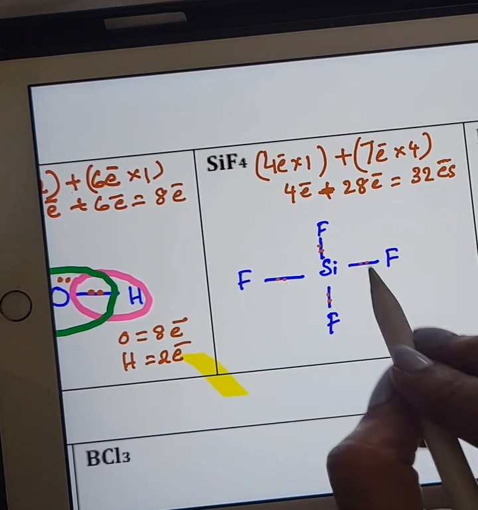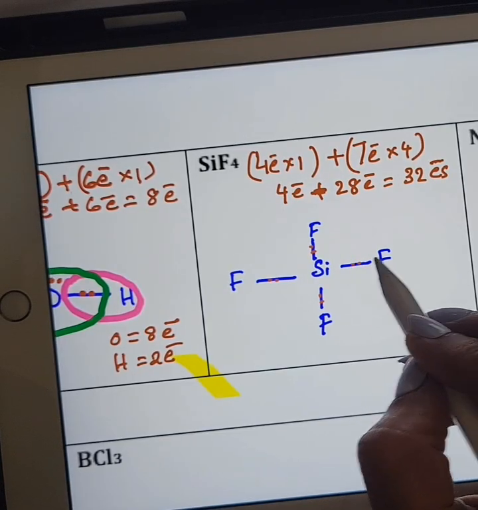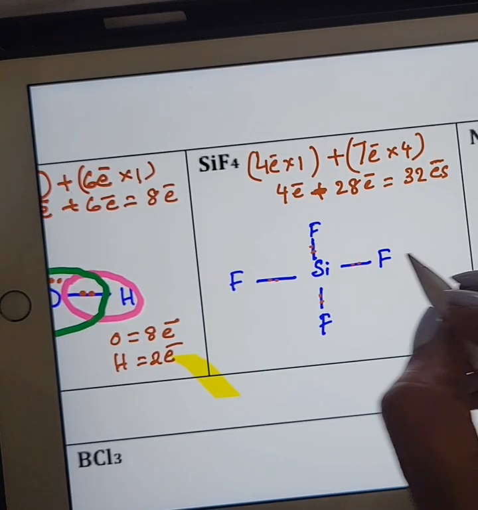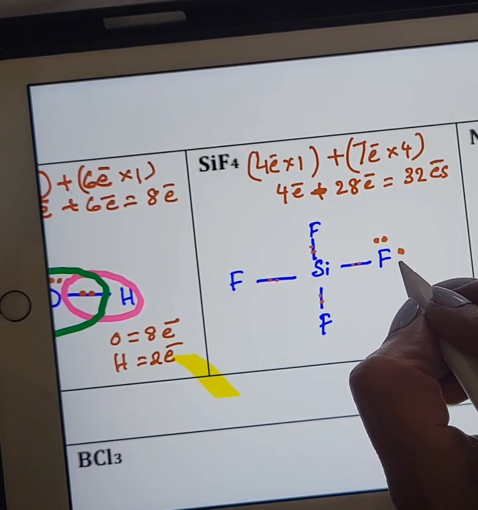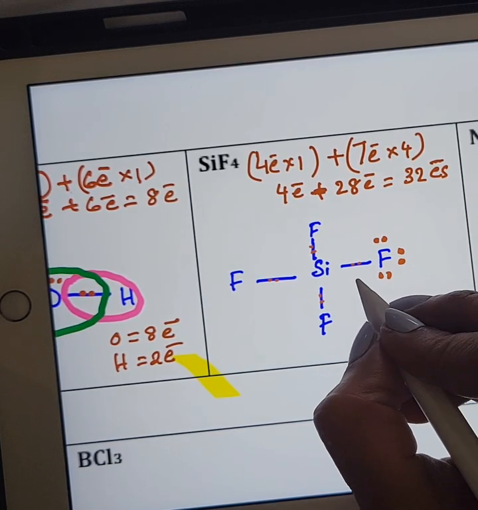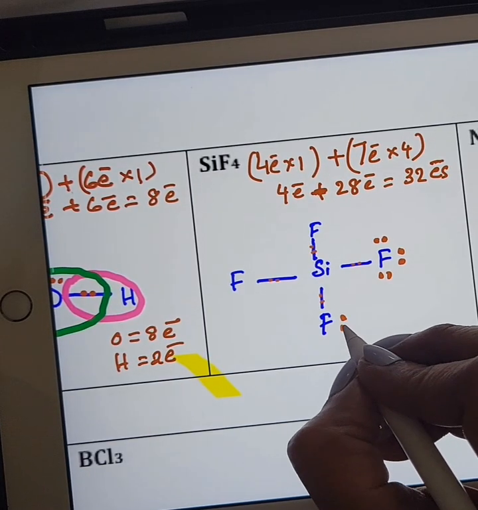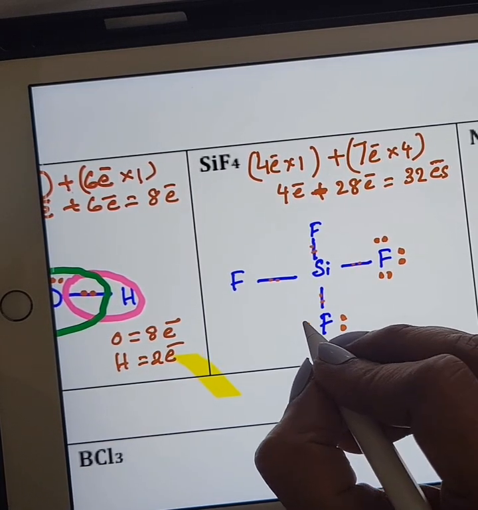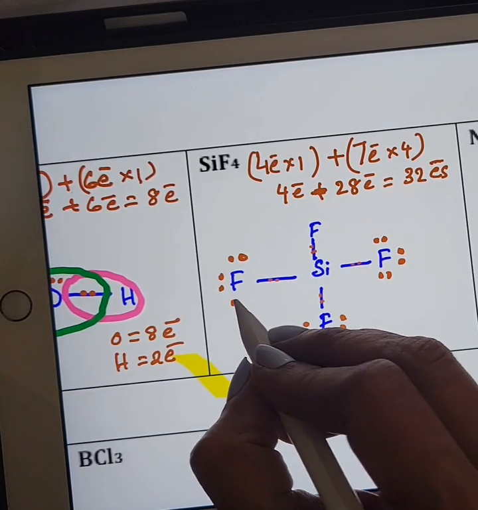Silicon is happy because it has 8 electrons. But look at the surrounding atom. Fluorine has only 2. It needs 6 more. So I'm going to give lone pairs to fluorine. 1, 2, 6. So now look, this fluorine is happy. It's total 8 electrons. Do the same thing here too. That is also happy. This one is also happy.